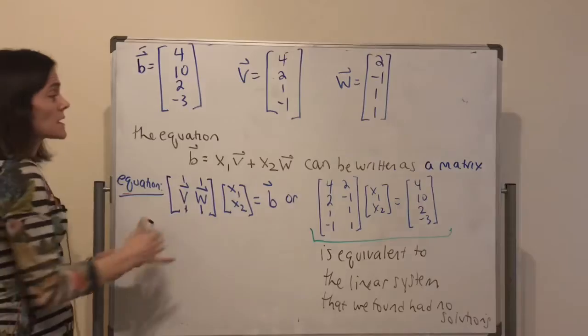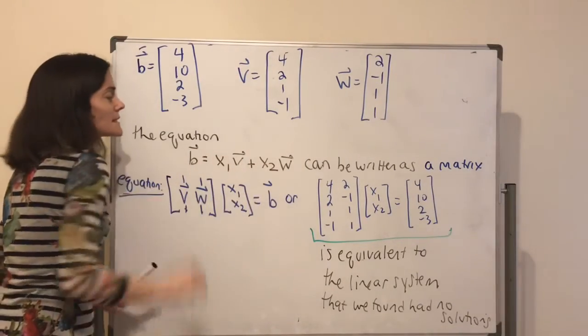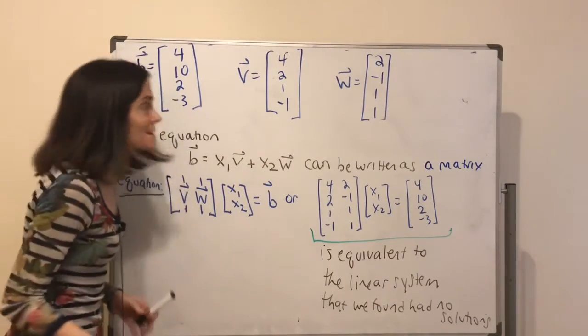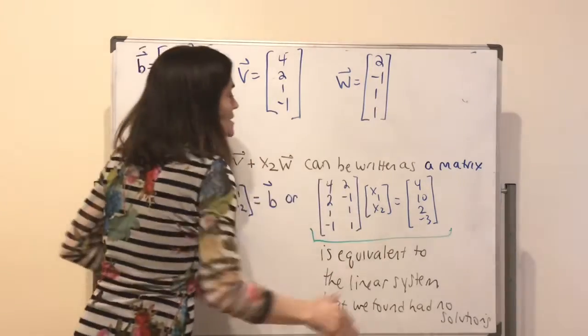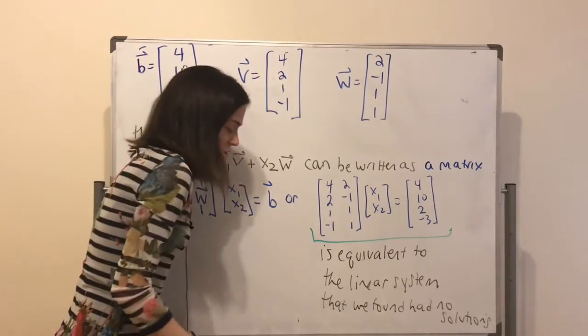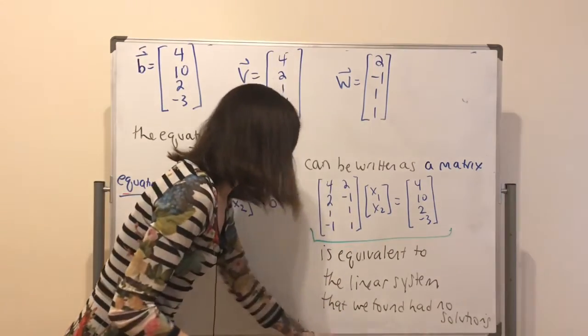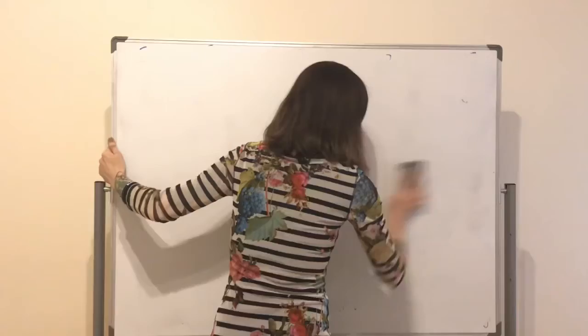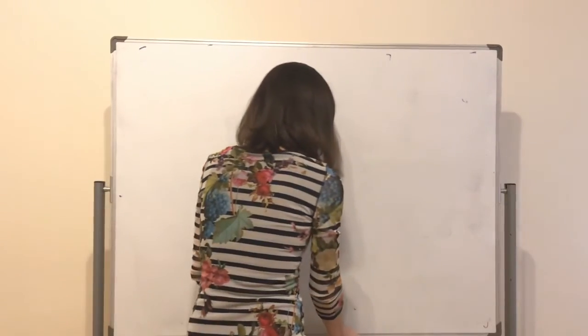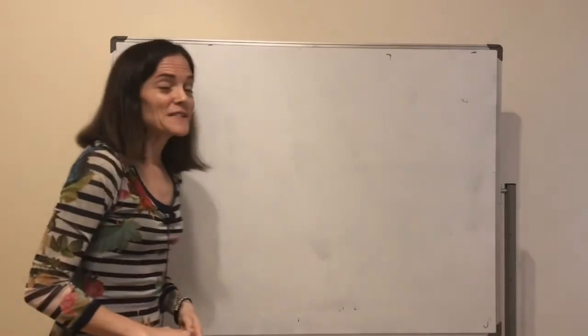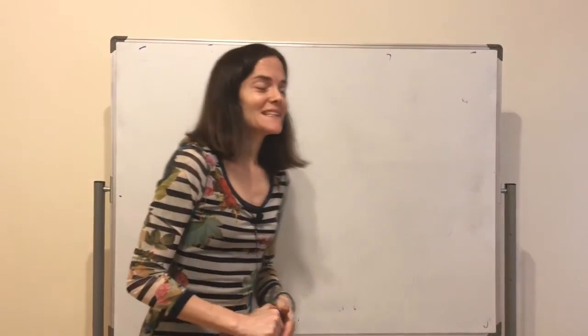Okay? Because both of them are just this line, and both of them are addressing, is this vector a linear combination of these two? Well, the answer was no. But let me say something more general. There is an equivalence here. It's one reason we love matrices so much.